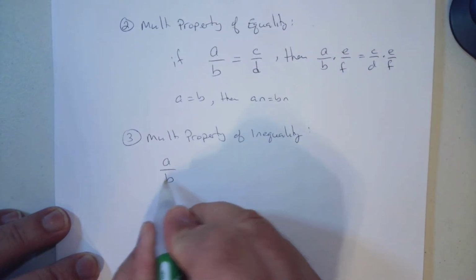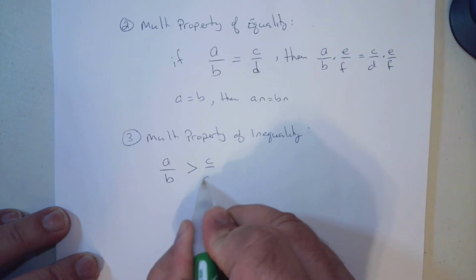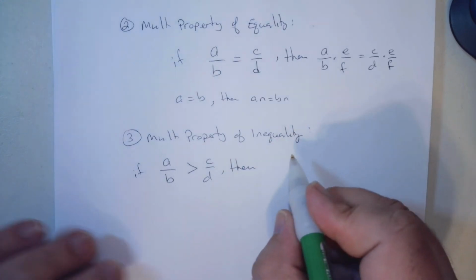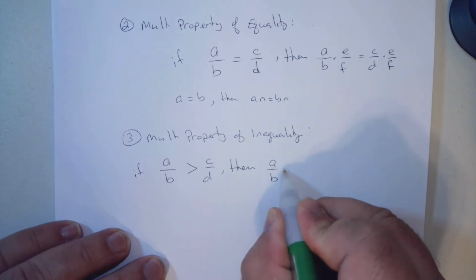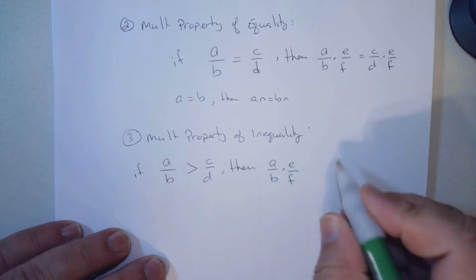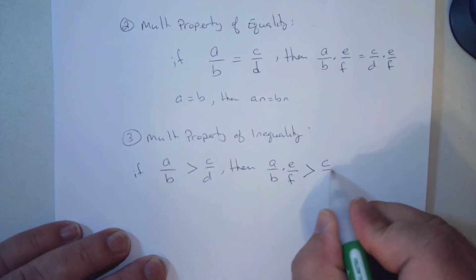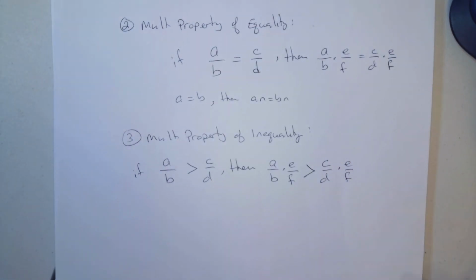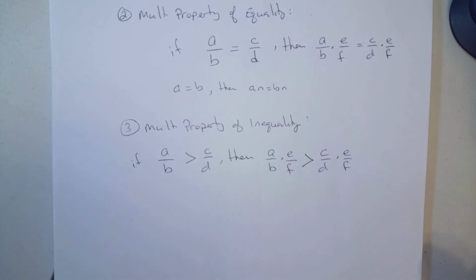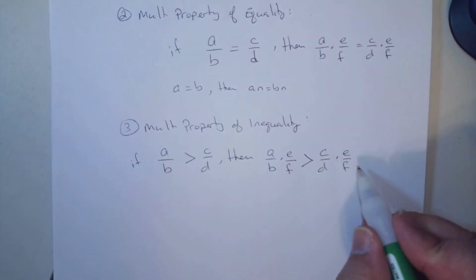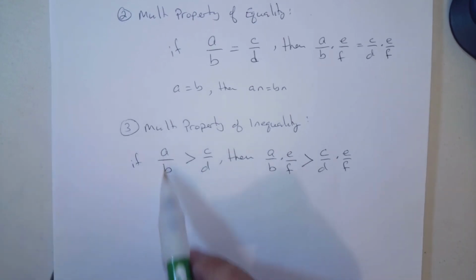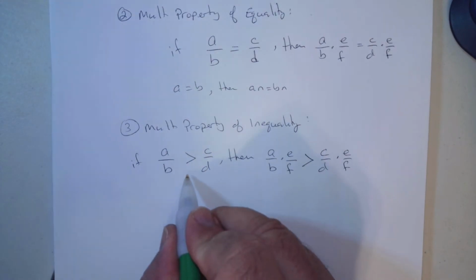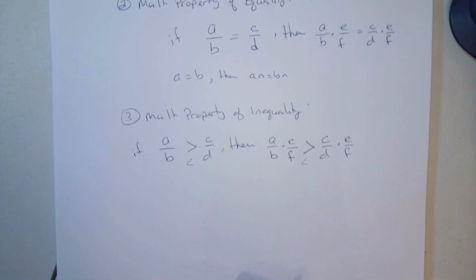If A over B is greater than C over D, then A over B times some fraction E over F is also larger than C over D times that same fraction E over F. It also works if it's less than. If A over B is less than C over D, then that's going to be less than. So I could put them both there. All right.